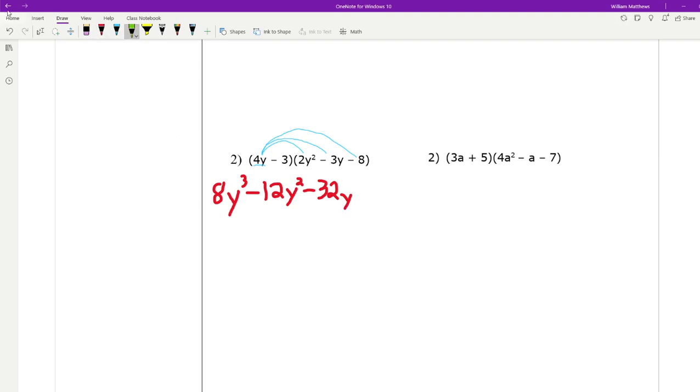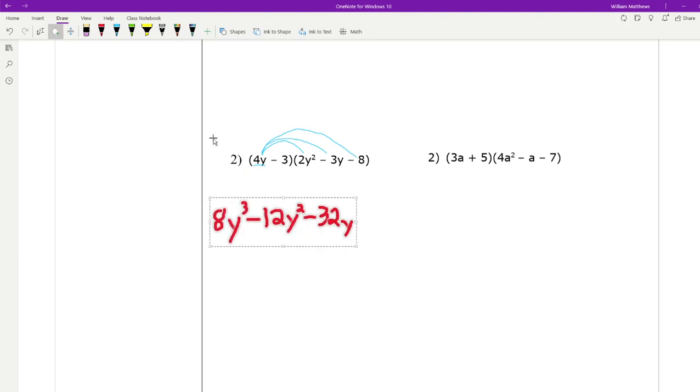Now when we finish all this, actually I want to move this down some. If I can click on it correctly. There we go. So I moved it down some so I can show my writing. I'm going to take my second term, the negative 3, and do the same process.